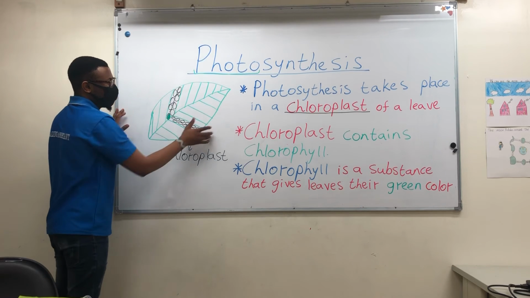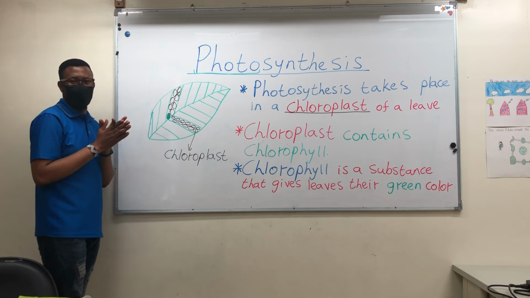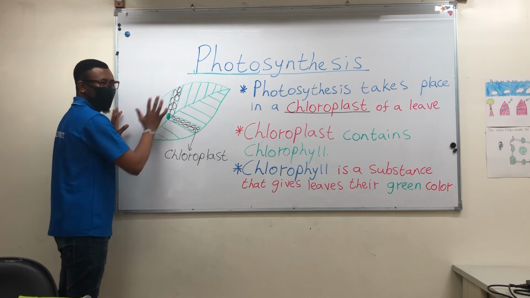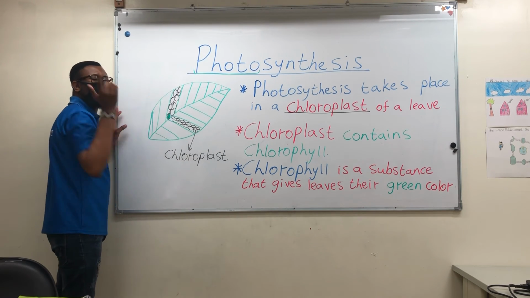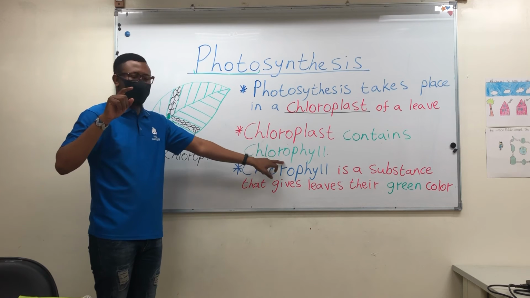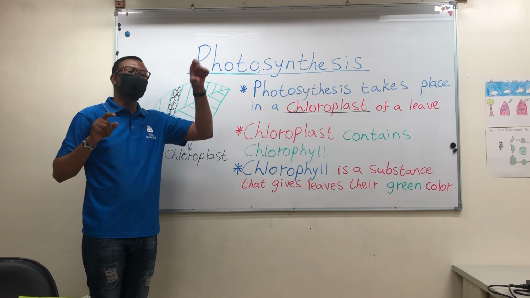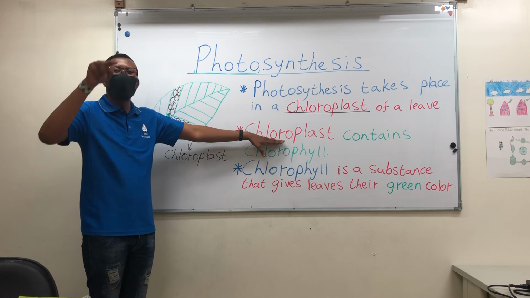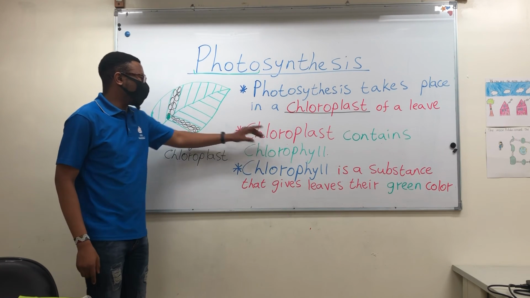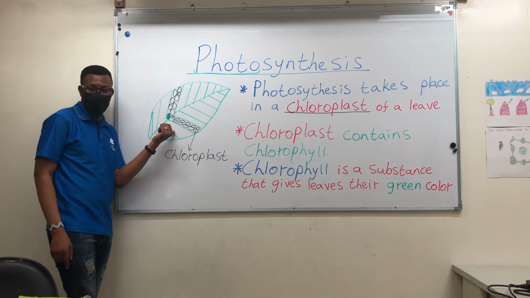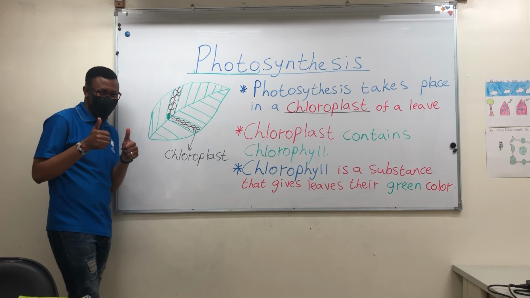So when we look at a leaf like this, the leaf looks green. Why? The leaf has color. We are able to see the green color because of this substance called chlorophyll that we find inside a chloroplast. Where do we find chloroplasts? Chloroplasts are found in a leaf. Got it?